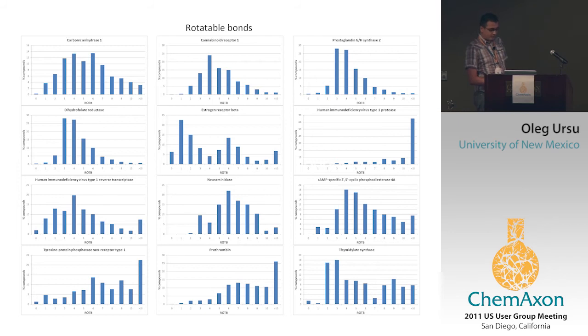Then another important parameter when you do flexible alignment is the number of rotatable bonds in the queries and the targets. So this was the next parameter I looked at, and you can see for tyrosine phosphatase, more than 50% have more than 8 rotatable bonds.